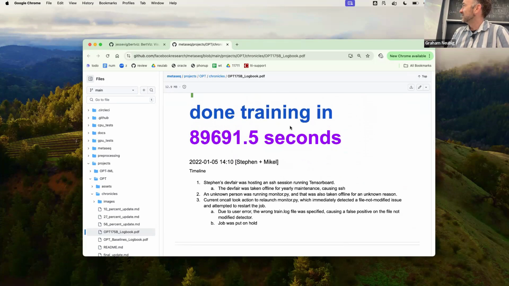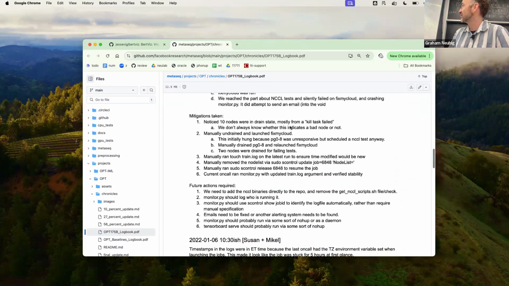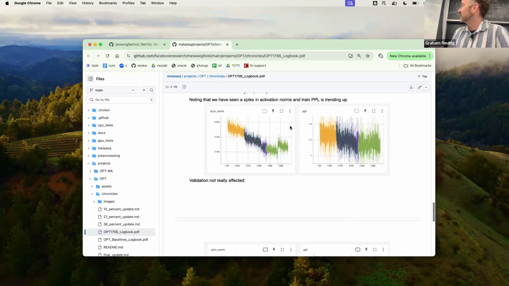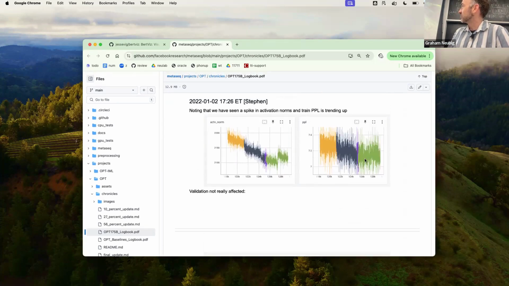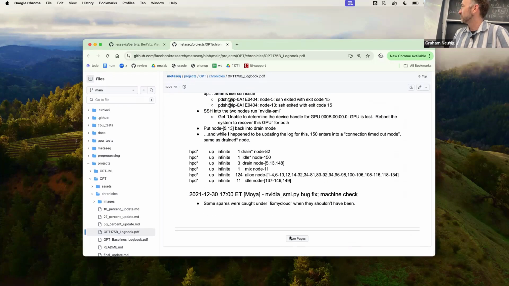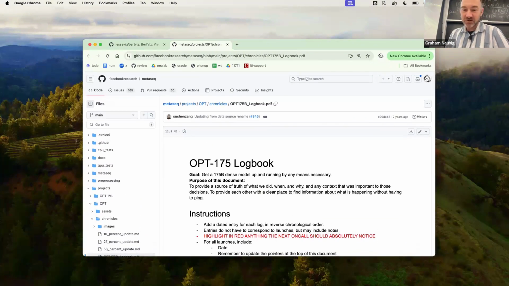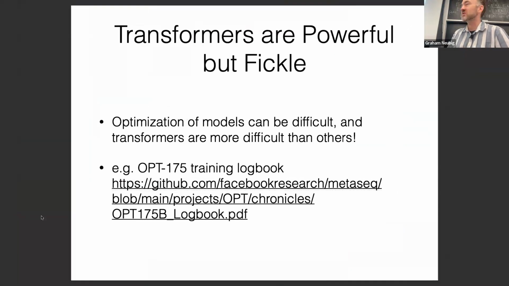At the very end, they have rainbow colored "done training" because they were very happy about it. But you can go through and see all of the trouble they had getting this thing to converge, and how they had to wake up their sysadmins late at night because their cluster had crashed and other stuff like that. So it's very interesting to read. It also makes you feel better as a graduate student when all of your model training is not working well.